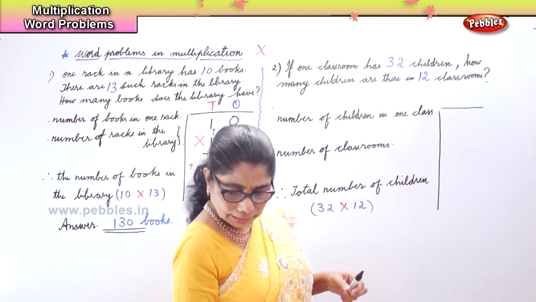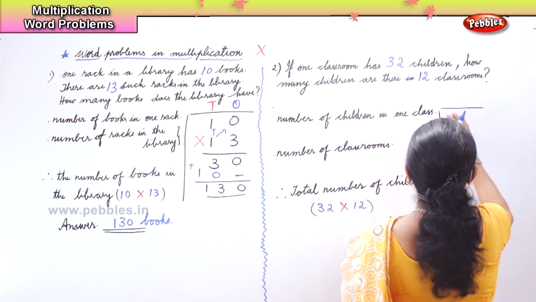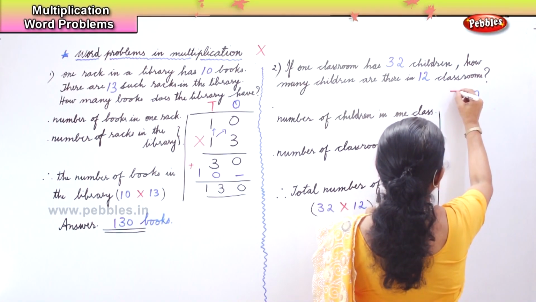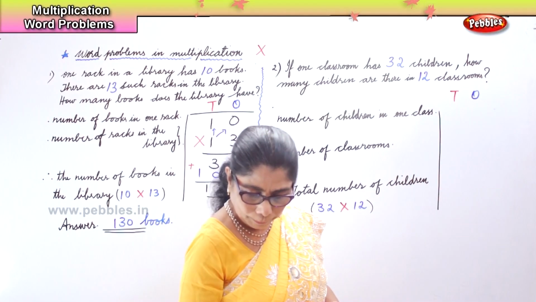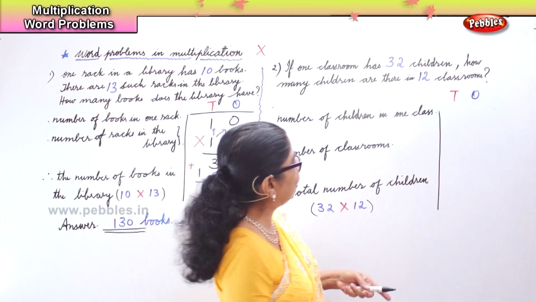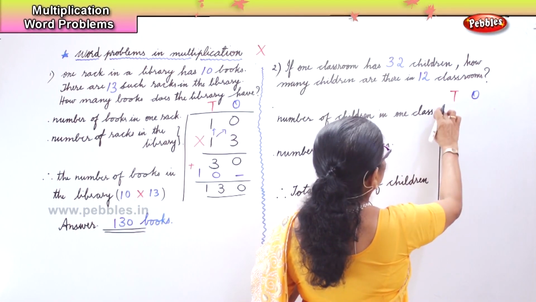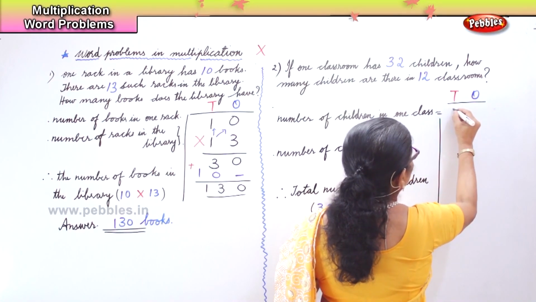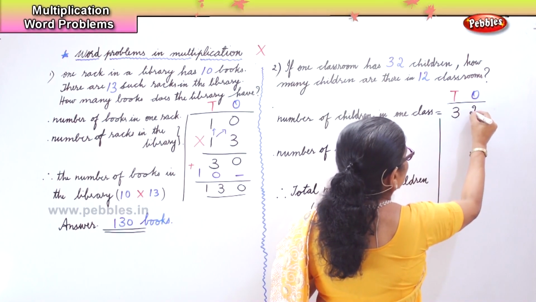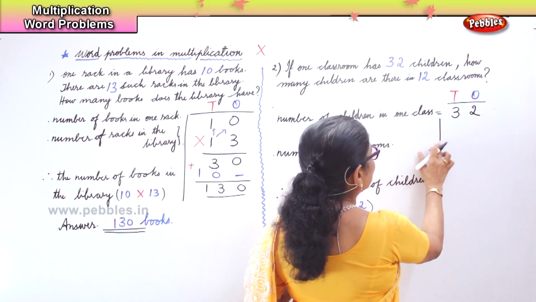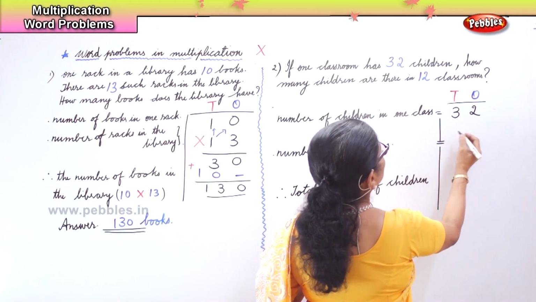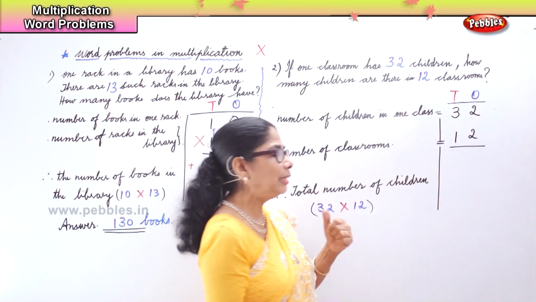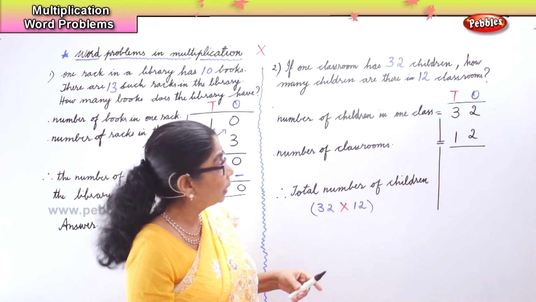So we write ones and tens and place the numbers correctly. Number of children in one class equals 32. Number of classrooms equals 12. So we are going to multiply 32 into 12.